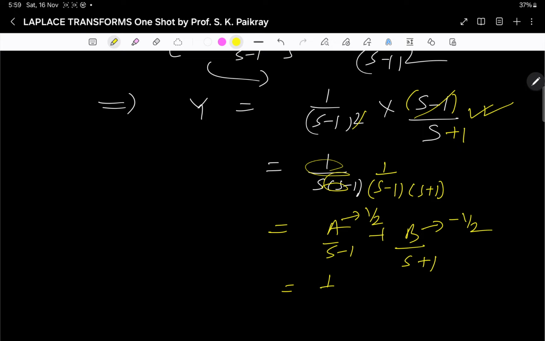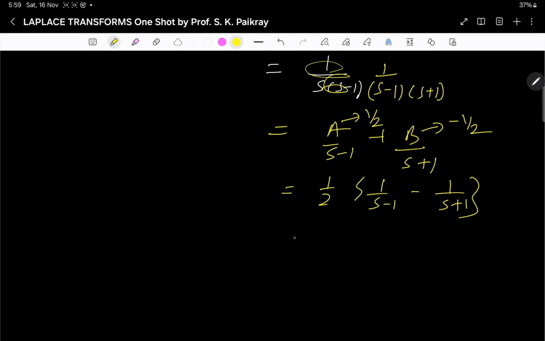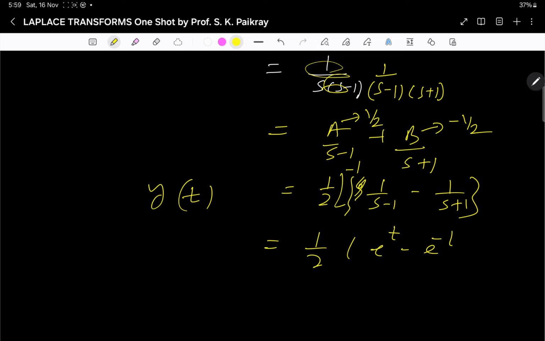So this is equal to half of 1 by (s minus 1) minus 1 by (s plus 1). Taking the inverse, y(t) will be the inverse Laplace of this. This will give you half of e to the power t minus e to the power minus t, which is nothing but sinh t. So this is your answer.